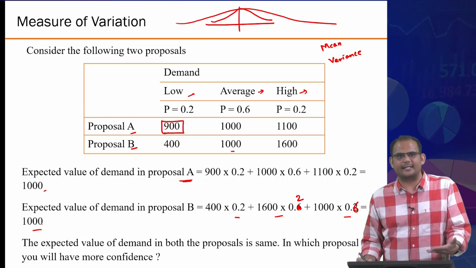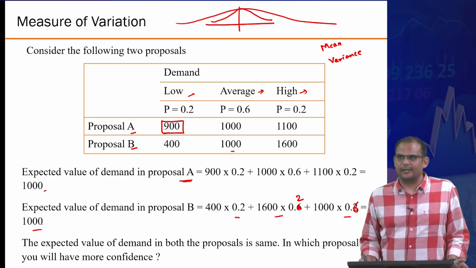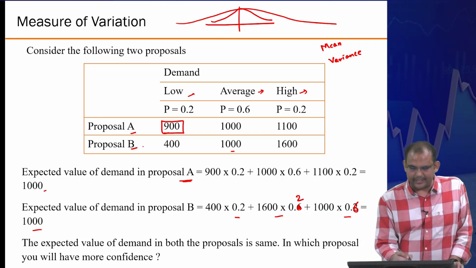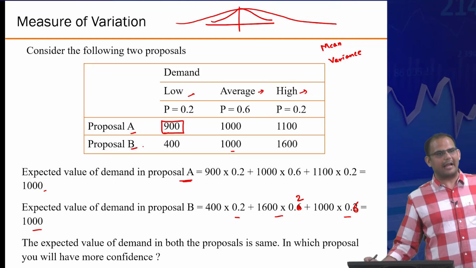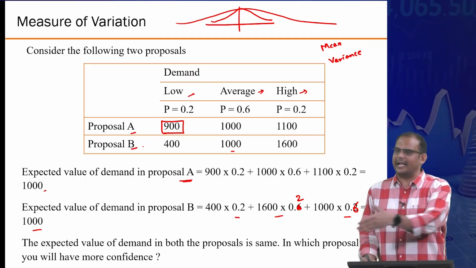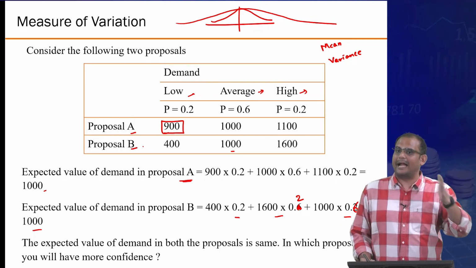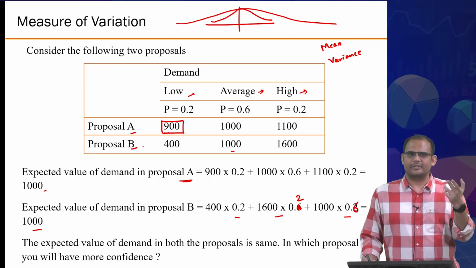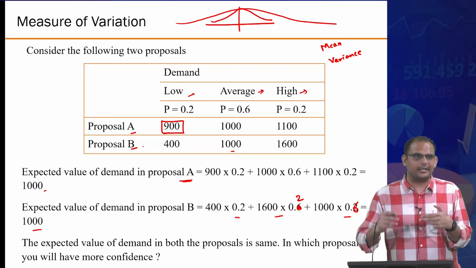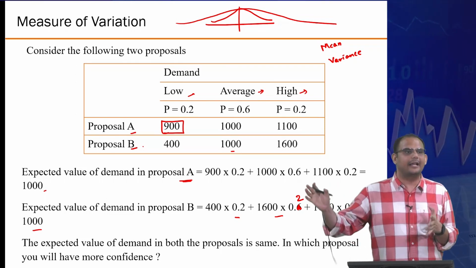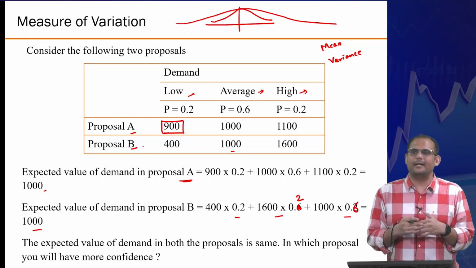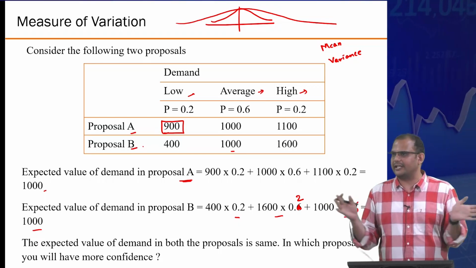So both these cases have the same means, but you can clearly see proposal B has a much lower value for the low case and a much higher value for the high case. So again, this is not a bad thing necessarily. For some people, this is an opportunity that there is a chance that I will get much higher money. For some people, it is a risk that the variation is just too much.